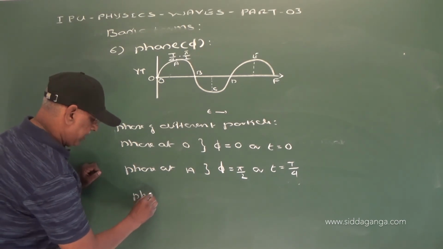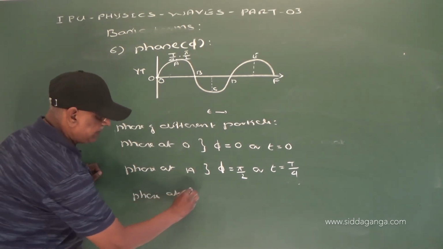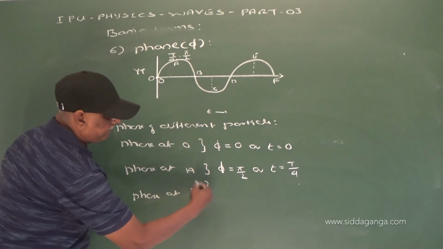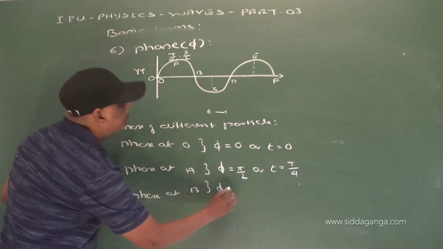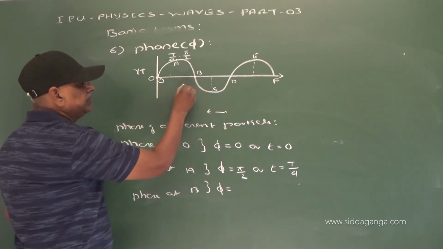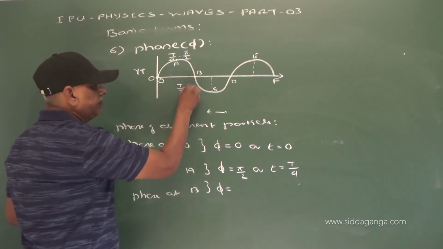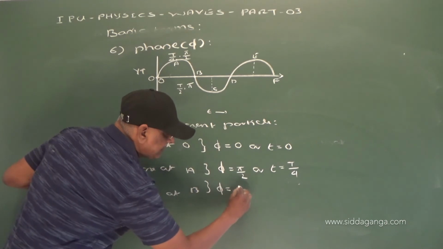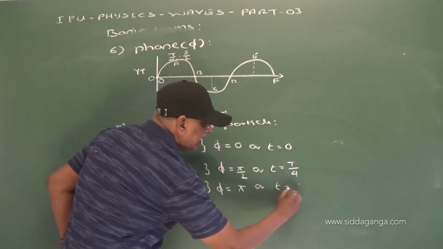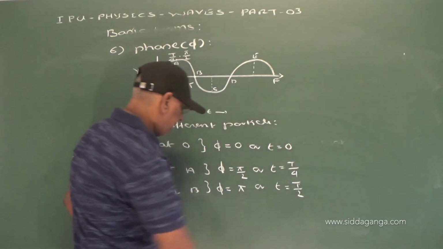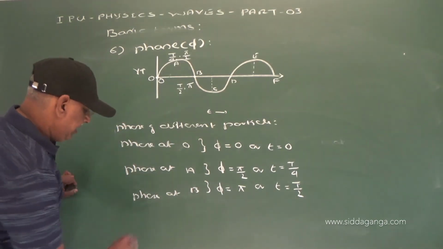Similarly, the phase at B, phi is equal to pi, or t is equal to T by 2.